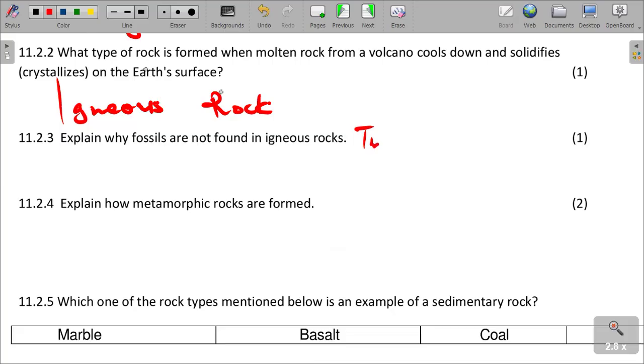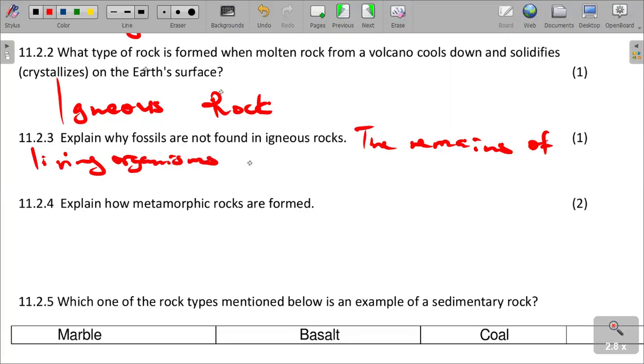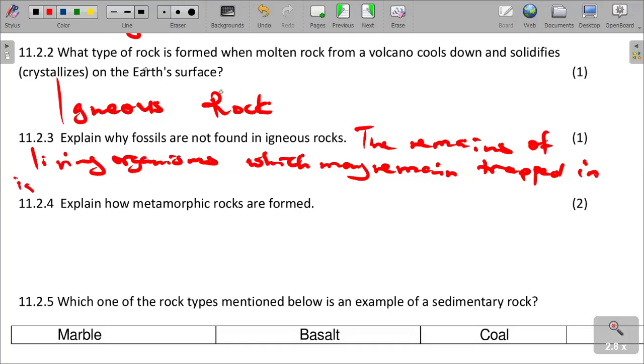The remains of living organisms may remain trapped in the lava or igneous rocks.